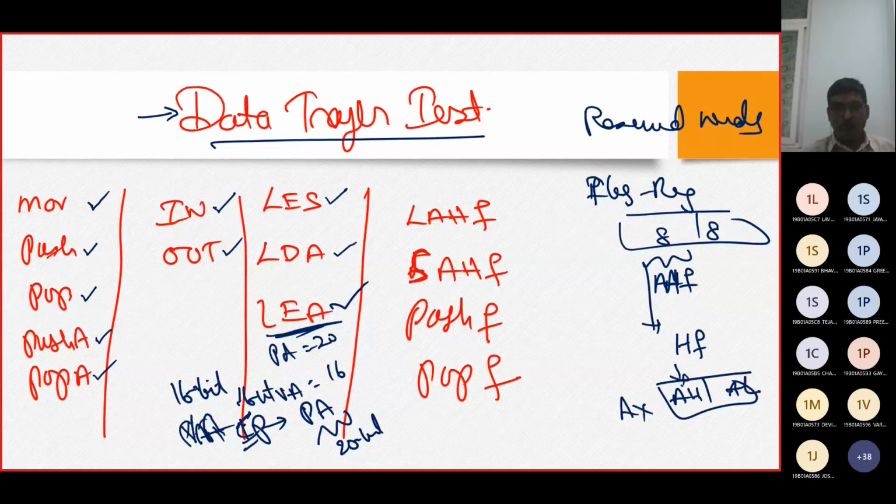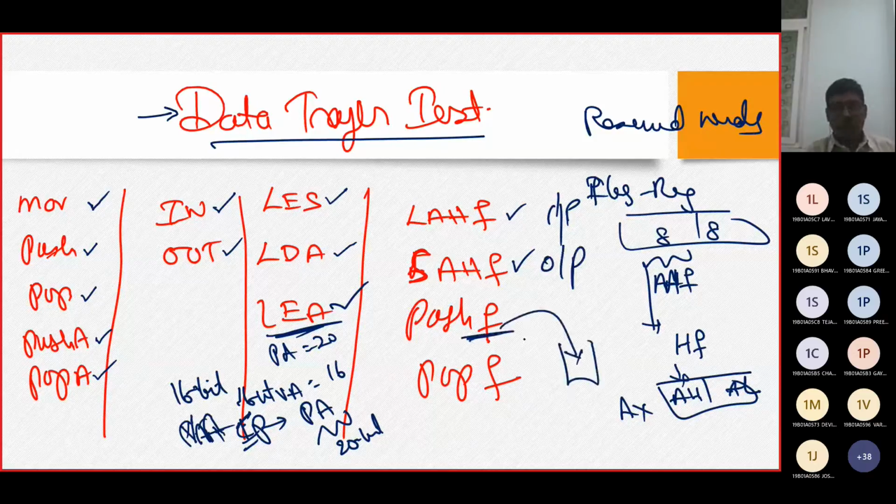If you move things into the high order bits, we call it loading. Loading is for an input operation, storing for the output operation. Putting the flag register into the stack, F stands for flag register. So pushing the flag register into the stack, we call it the push operation, that is the insert operation.